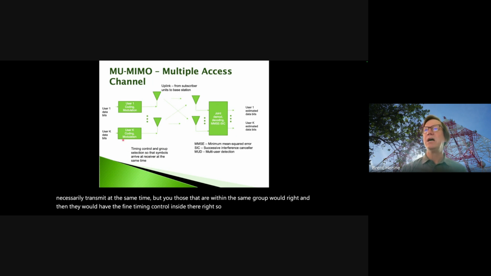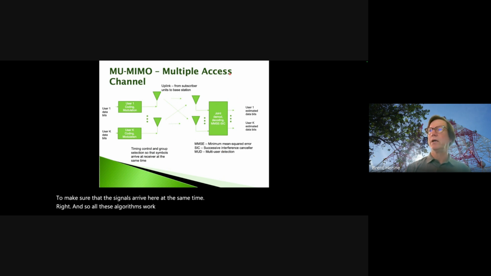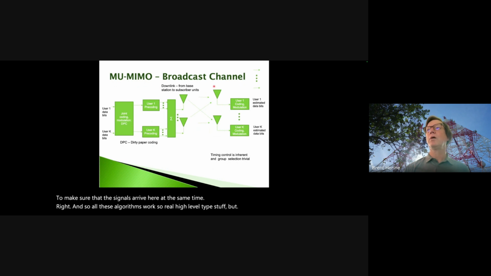So all this is done to make sure that the signals arrive here at the same time, right? And so all these algorithms work. So real high level type stuff. But then we have the broadcast channel situation.